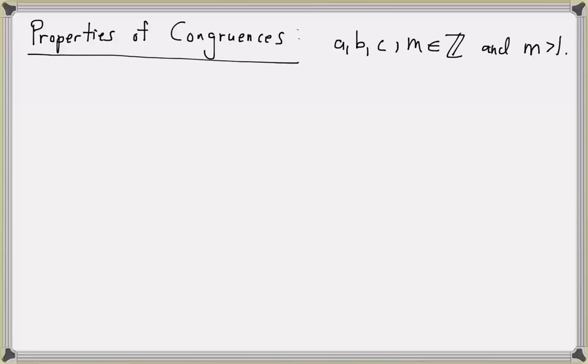Then it's true that the congruence relation is reflexive. That is, every integer is congruent to itself mod m. So a is congruent to a mod m.